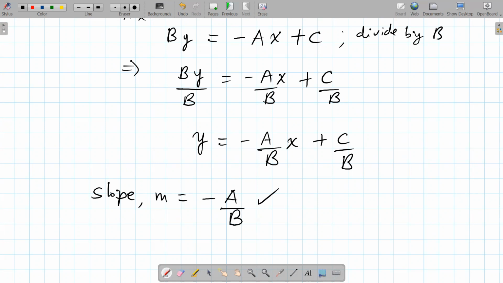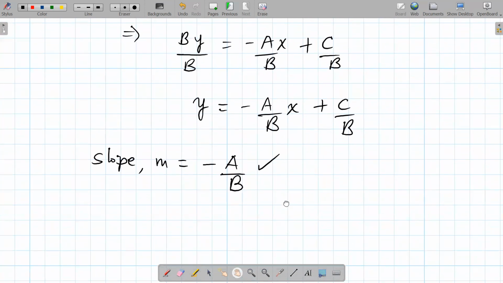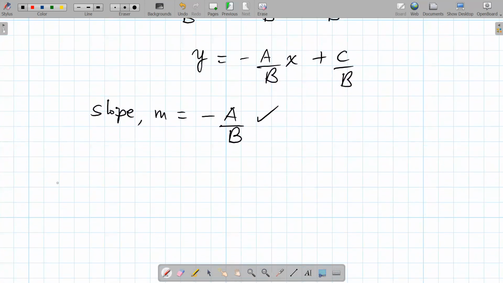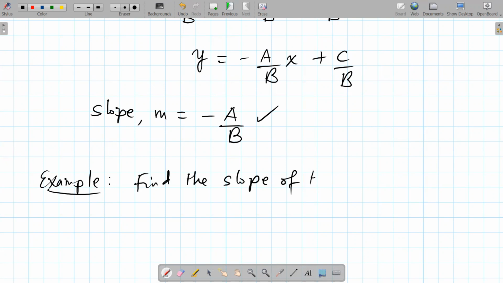So for instance, if I have this example here, find the slope of the given line: 2x minus 3y equals 4, right?